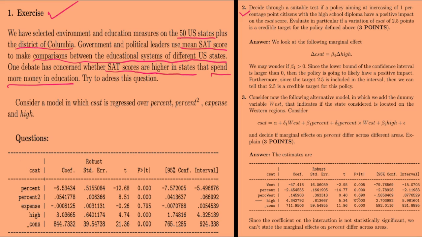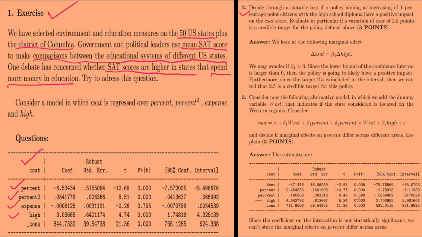It's a model where CSAT score is regressed over percent, percent square, expense, and high. When we use a square term of a variable, it means checking whether there is an effect that changes with increase in that variable. So percent and percent square is used in that sense.